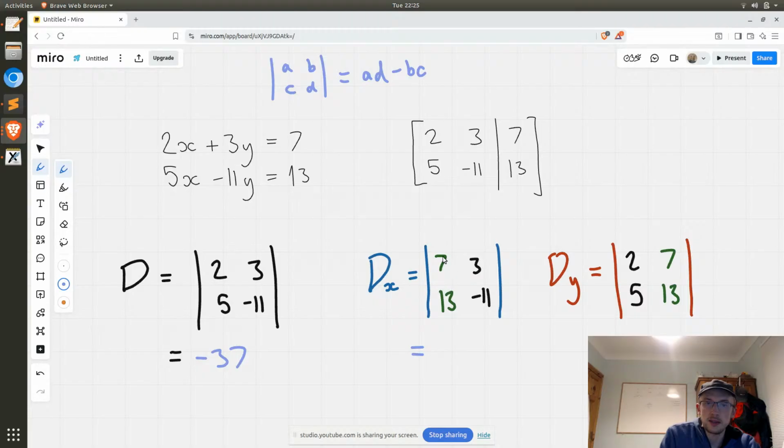Over here, 7 times -11, well, that's -77. And -77 take away 39 is -116. Over here, it's 2 times 13. Take away 7 times 5. So 26. Take away 35. So negative 9.